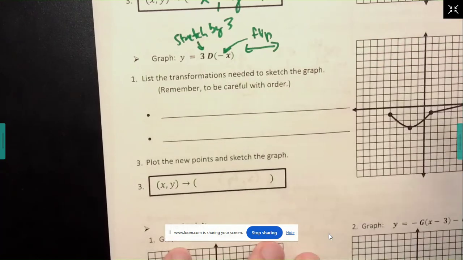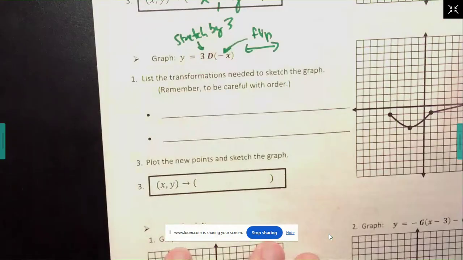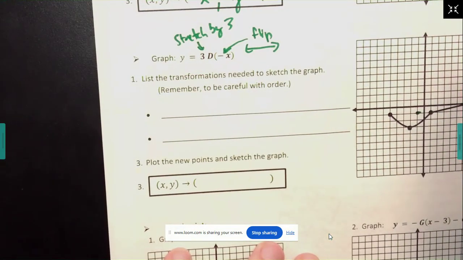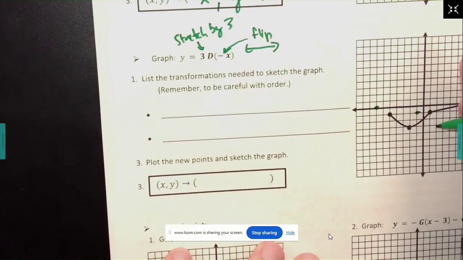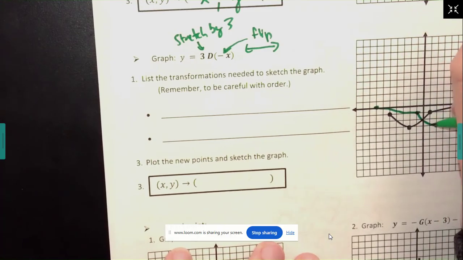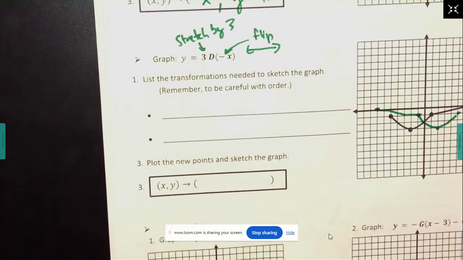It's just you got to do those before you move it left, right, up, down. So here, here, here, and here. Okay. So I just flipped it left and right over that y-axis.